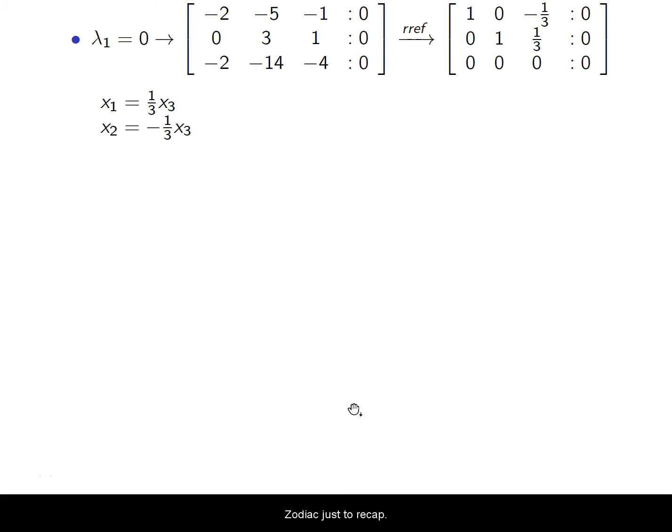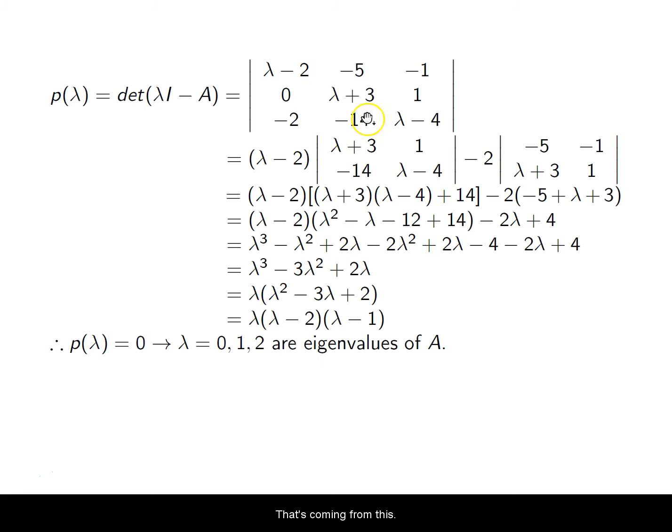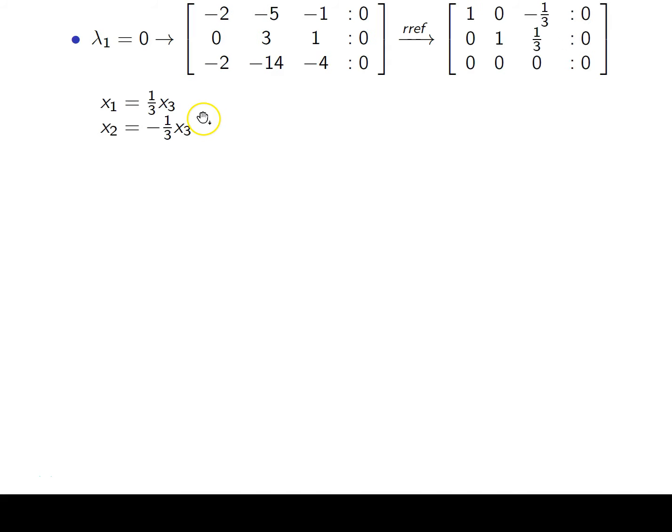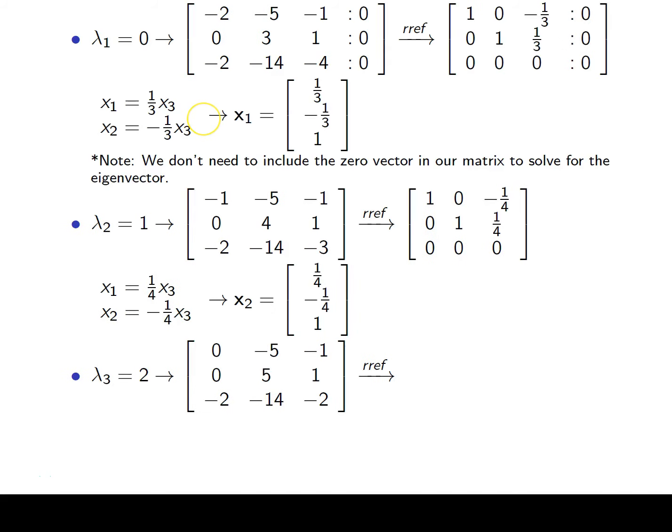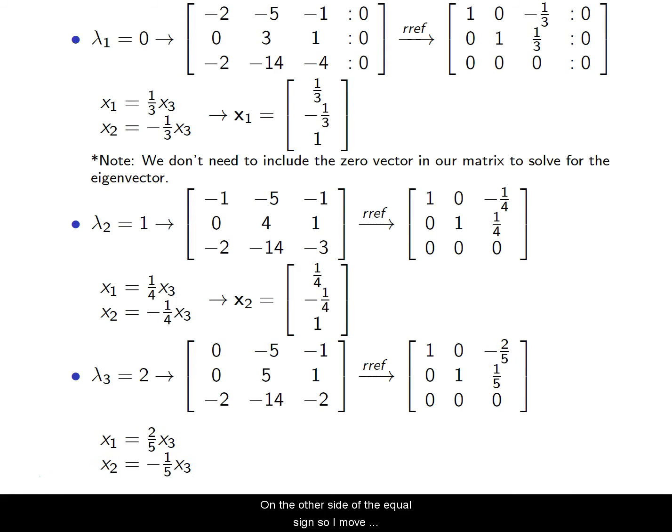Just to recap, that's coming from this matrix, lambda I minus A. Reduce this down again also, and I have this as my result. Again, there's an imaginary 0 vector here on the other side of the equal sign, so I move everything over, basically change the signs.